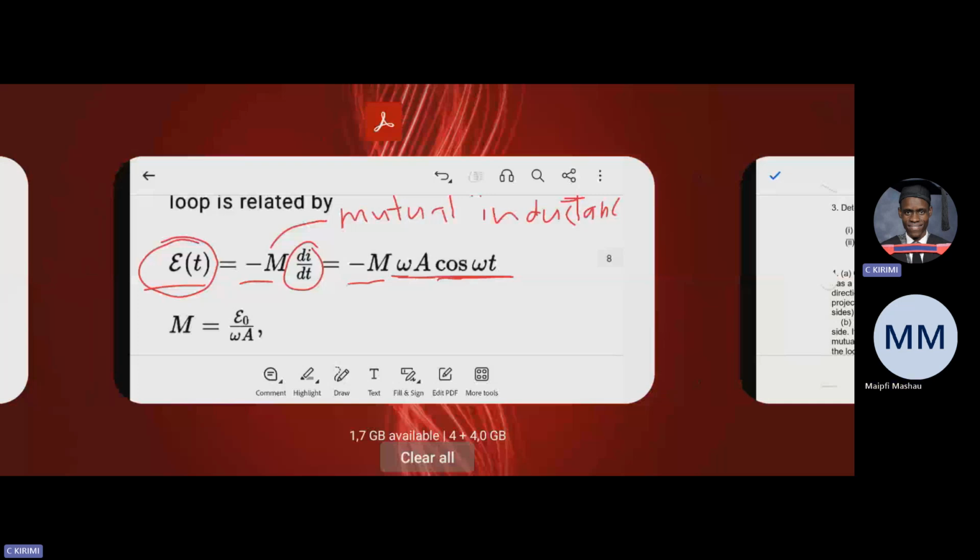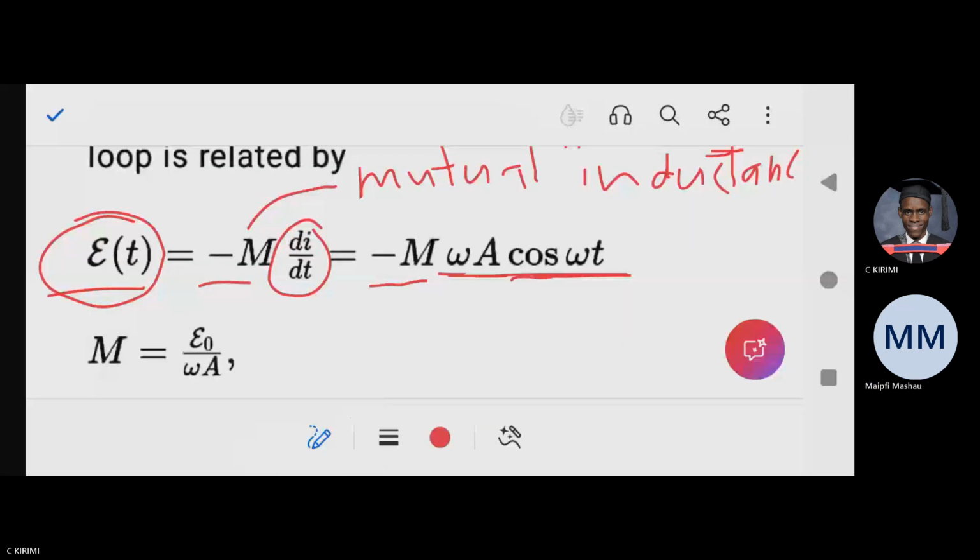What would be the value if the cosine graph is at the peak? Is it 1? Is it 0? 0 is the peak of a cosine graph. So the peak is where? Peak of a cosine graph.